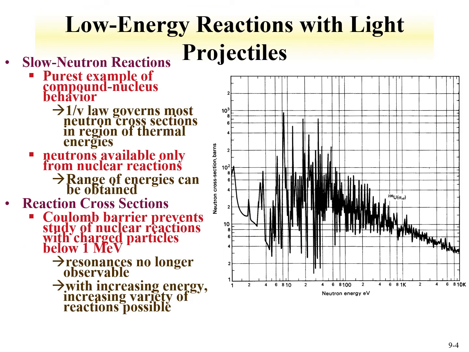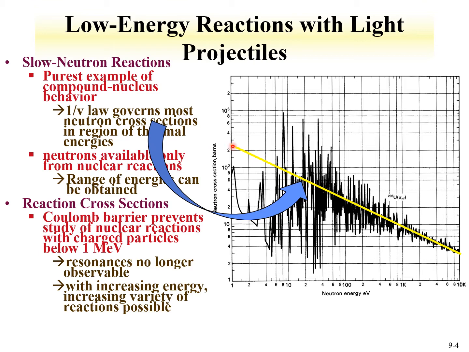An example of some other low energy reactions with light projectiles that we're interested in would be slow neutron reactions, so thermal neutron reactions. This is really the purest example of compound nucleus behavior. There's a rate that governs this, where the 1 over the velocity, or 1/v, law governs most neutron reaction cross-sections.